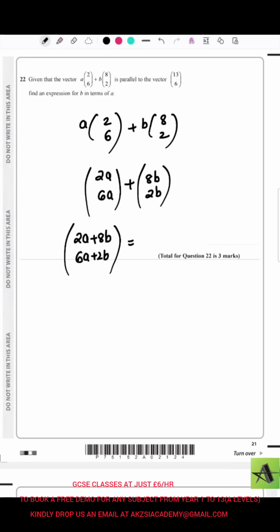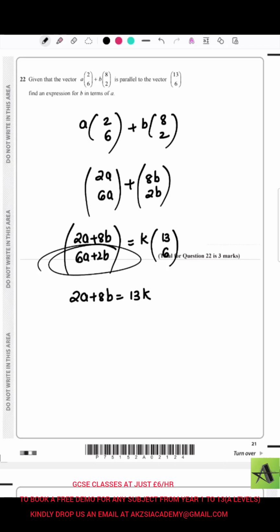This is equals to scalar multiplicative, which is k times 13, 6. So my equations will be 2a plus 8b is equals to 13k, and second equation would be 6a plus 2b equals k times 6, 6k.